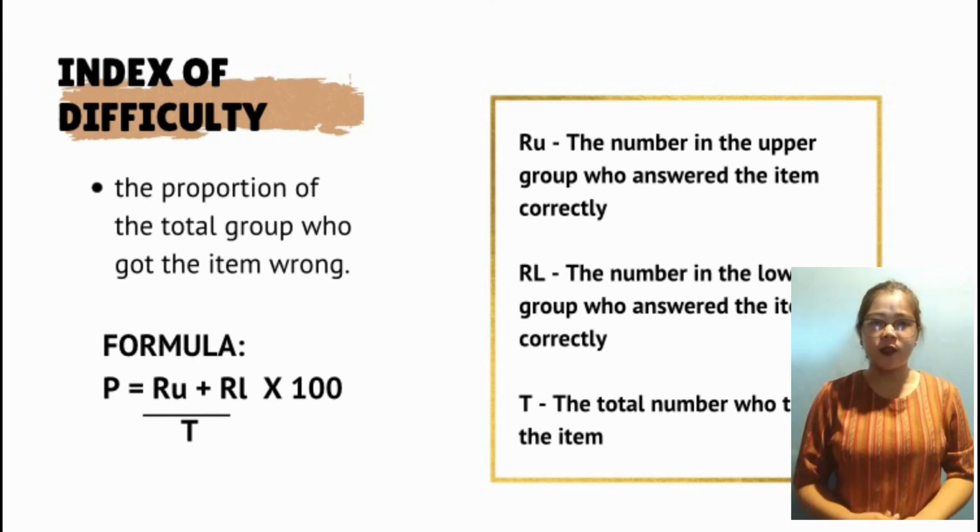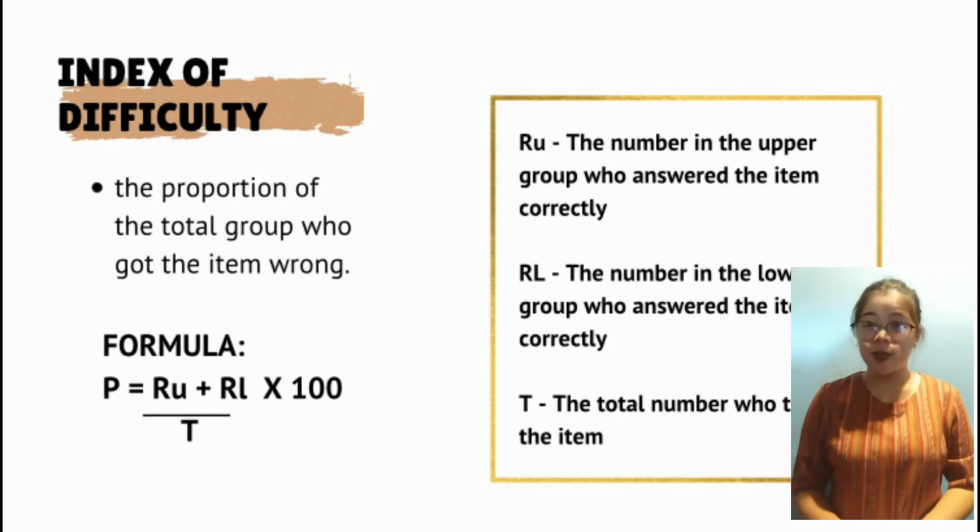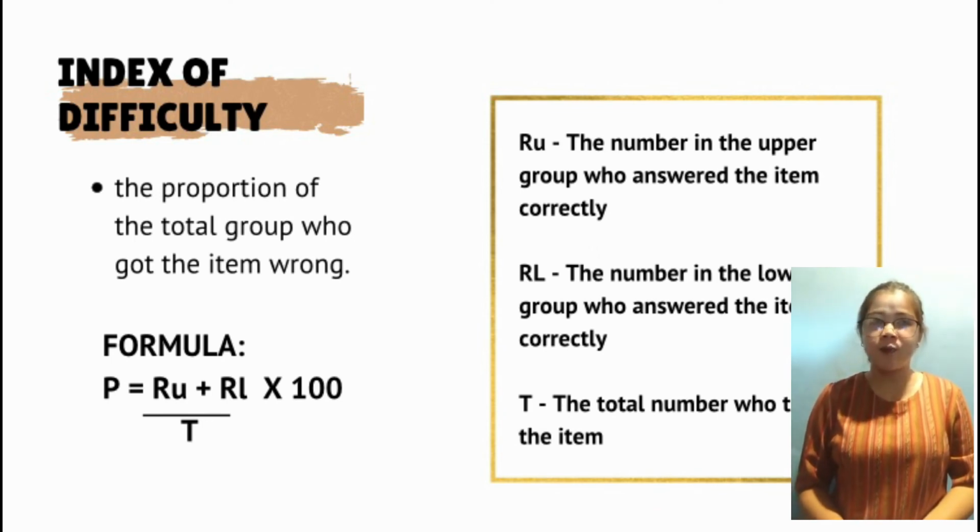Index of difficulty, so the proportion of the total group who get the item wrong. When we say index of difficulty, it is the proportion or probability that candidates or students will answer a test item correctly. And generally, more difficult items have a lower percentage or P value.